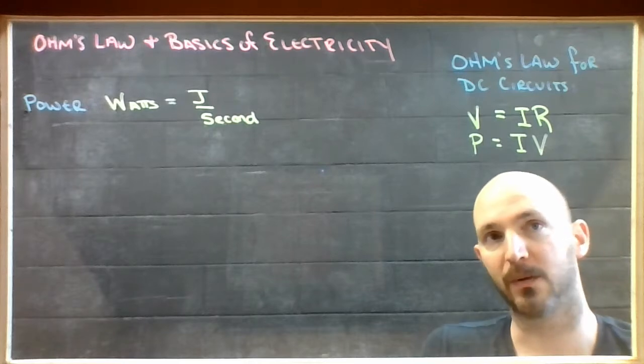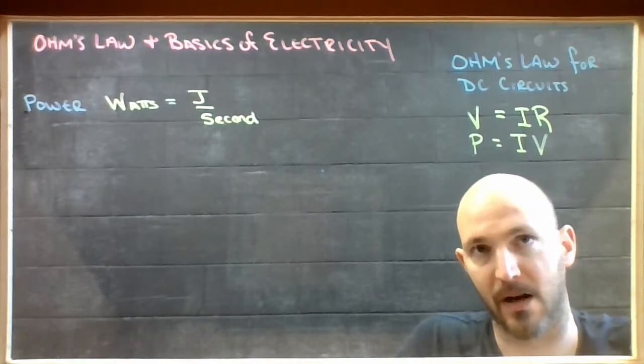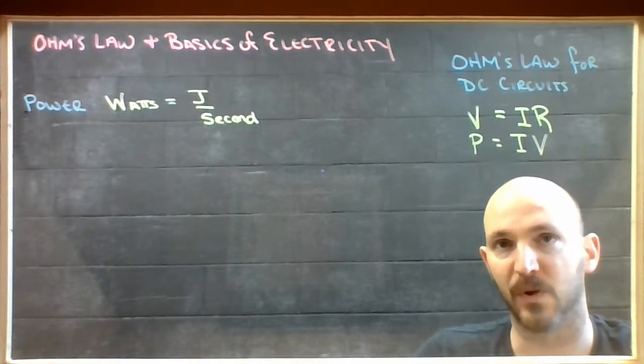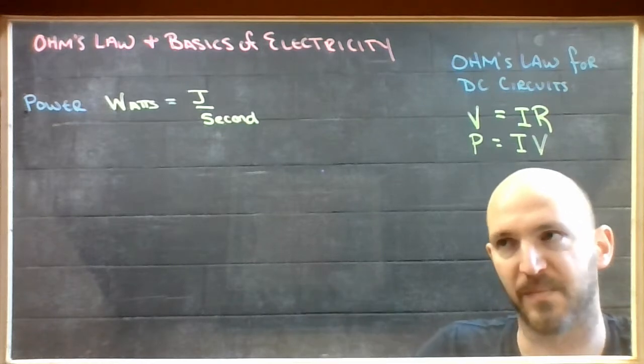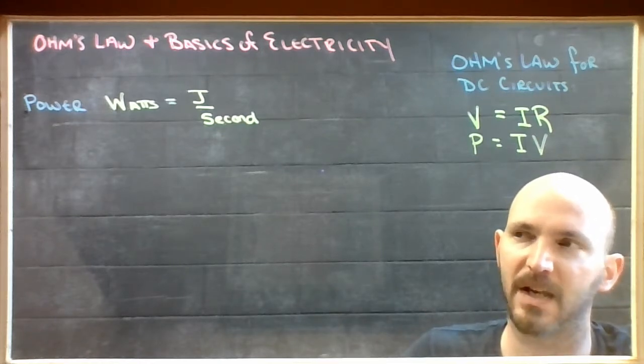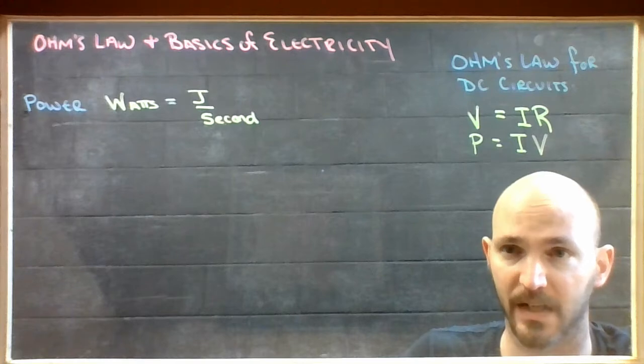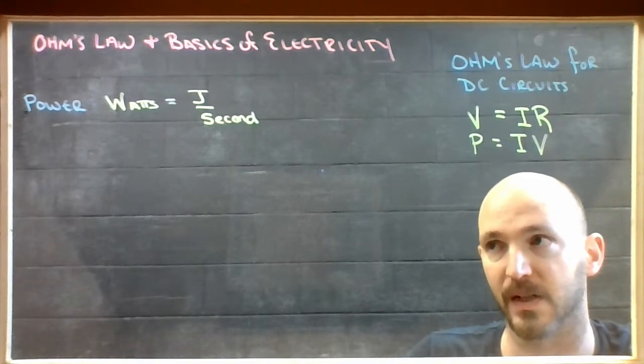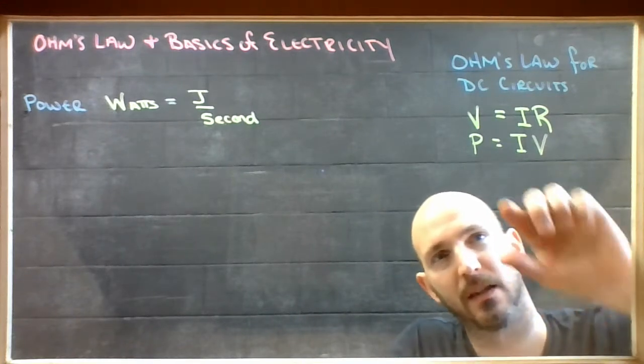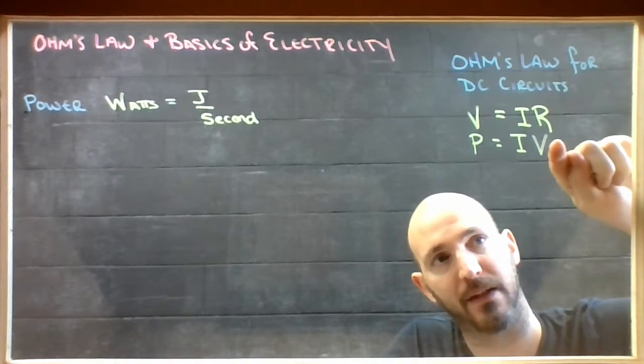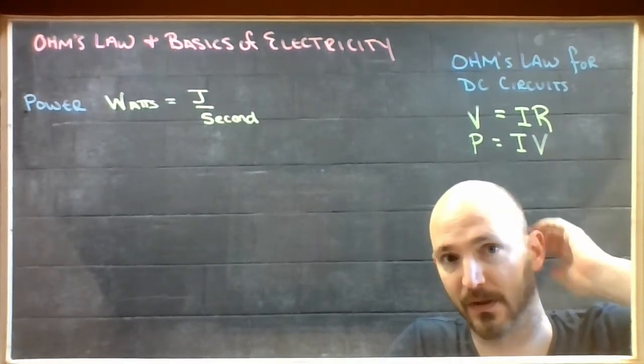All right, so I'm going to start with this energy or this power equation here. So power, as we said on the first board, was measured in watts, and the definition of a watt is a joule per second. So 1 watt is 1 joule per second. And that power is equated to your current times your voltage.